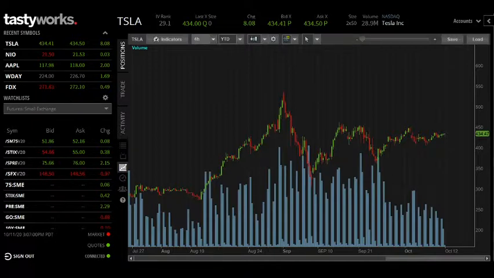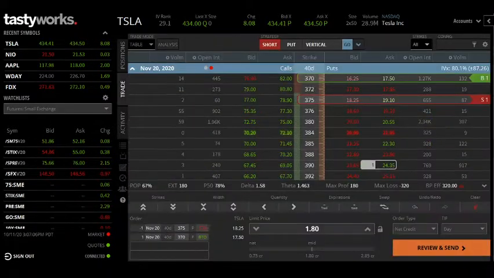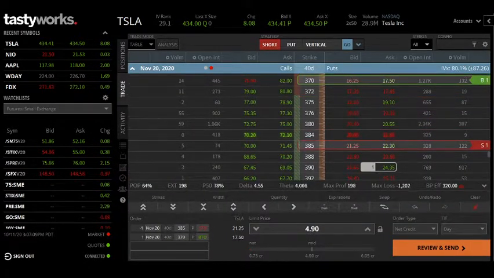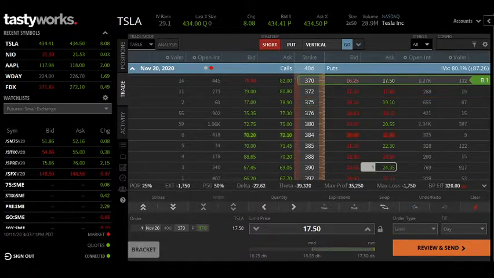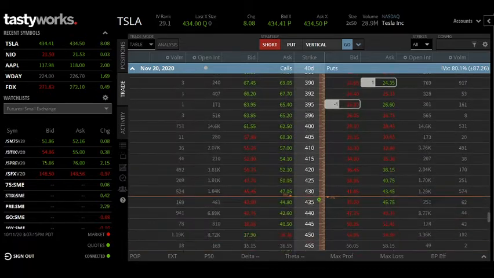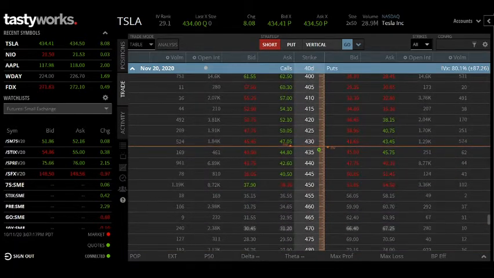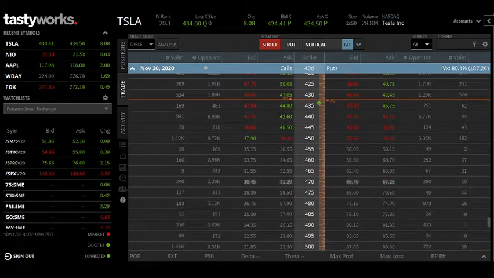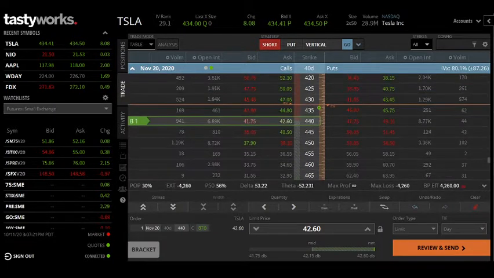Credit spreads are not quick scalps. You let time work for you. So with a normal naked option, say you're bullish on Tesla and you're just going to do a naked long call right here.